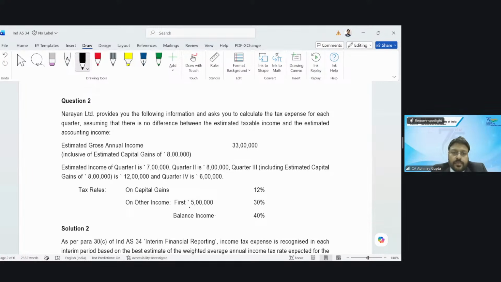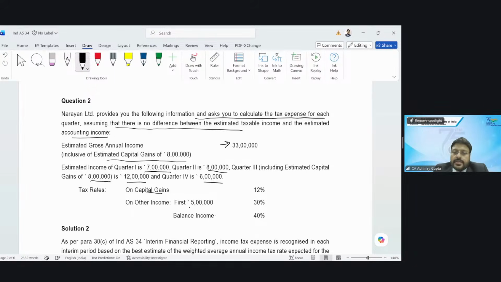Narayan Limited provides you the following information and asks you to calculate the tax expense for each quarter, assuming that there is no difference between the estimated taxable income and the estimated accounting income. Estimated gross annual income is 33 lakhs, inclusive of capital gains of 8 lakhs. Estimated income of quarter one is 7 lakhs, quarter two 8 lakhs, quarter three, including estimated gains of 8 lakhs, 12 lakhs, and quarter four 6 lakhs.